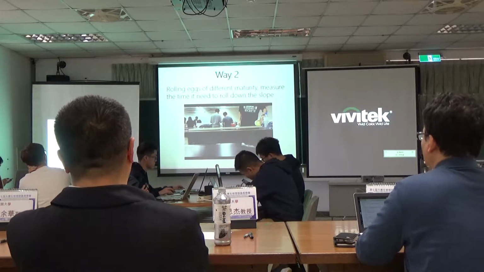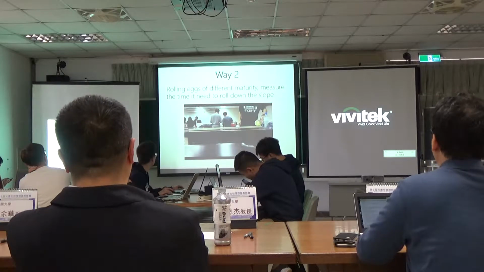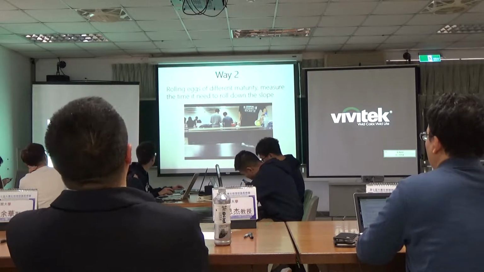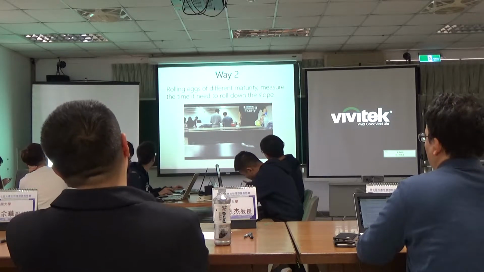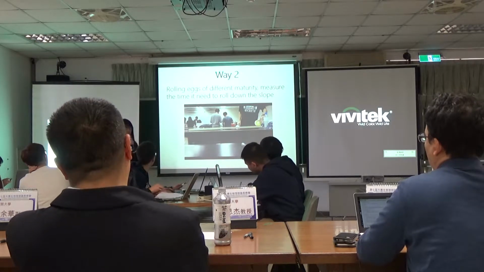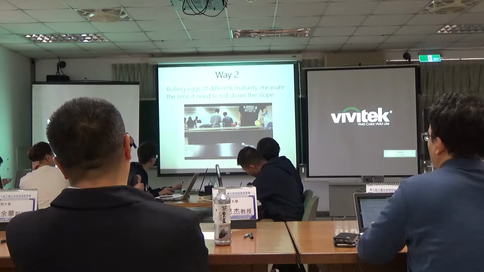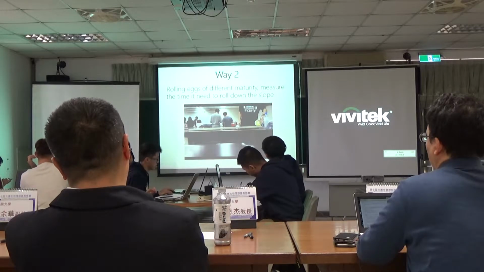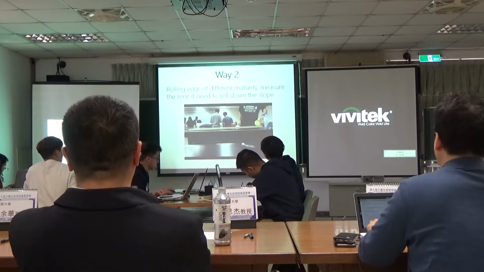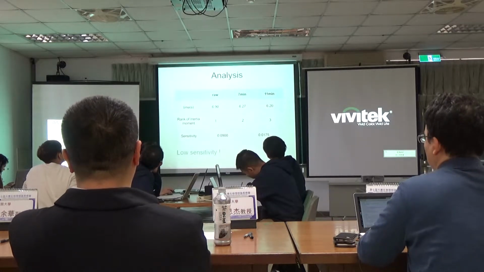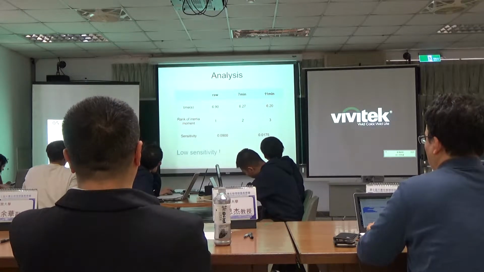We roll eggs of different maturity and measure the time it needs to roll down the slope. Since the egg is not symmetrical, we put it in a sponge and roll it down the slope. Here's the result. You can see that the sensitivity is still very low.